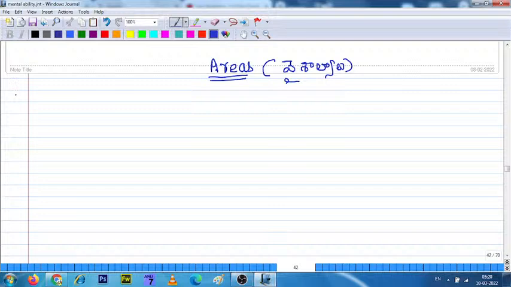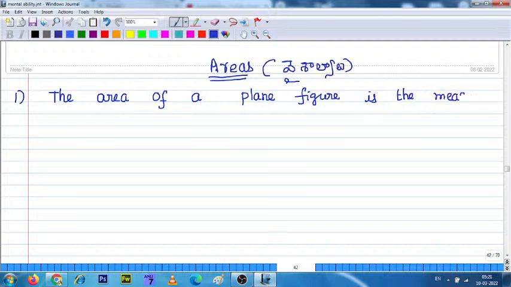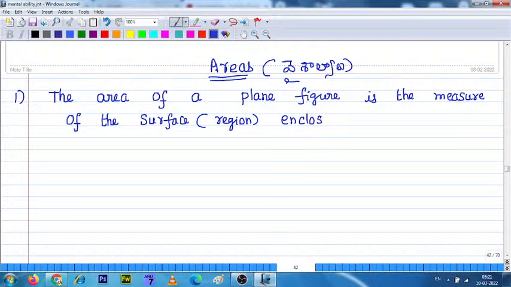So first, the concept of the area. What is the area?